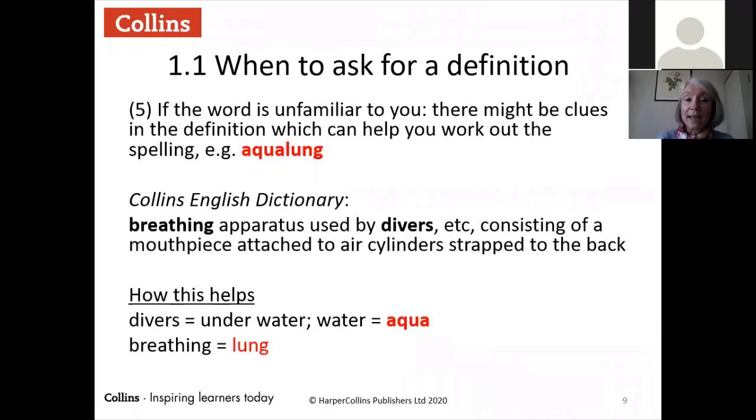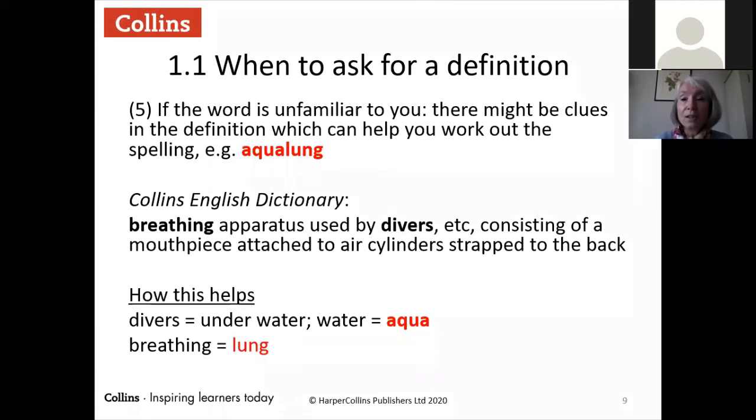An aqualung is breathing apparatus used by divers consisting of a mouthpiece attached to air cylinders strapped to the back. And you could almost see the young competitor thinking, breathing must be something to do with lungs. So the word's aqualung, so the last bit's lung.